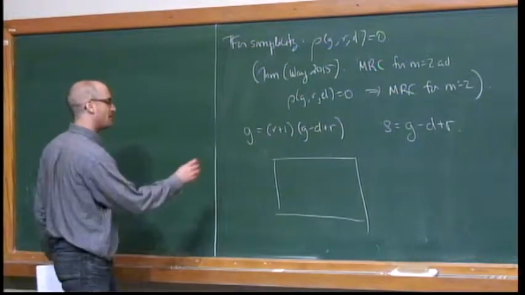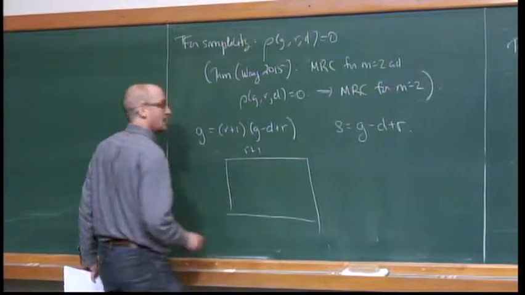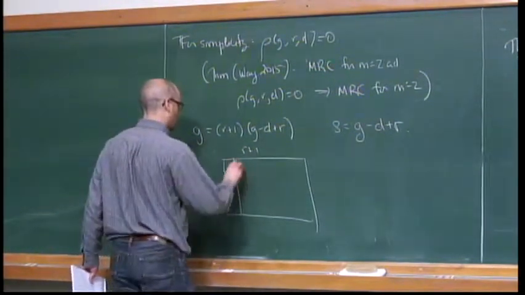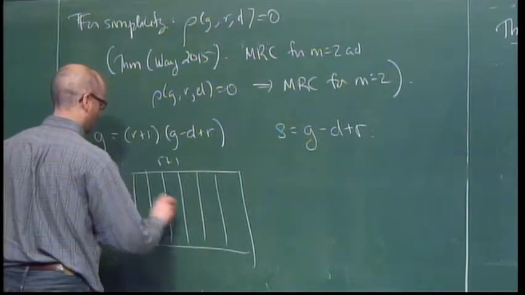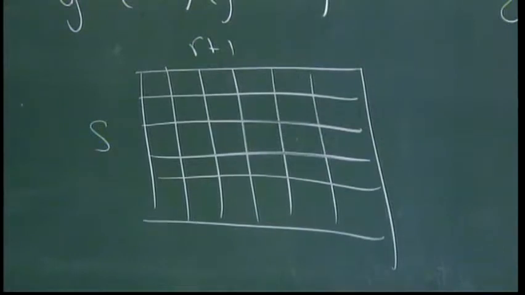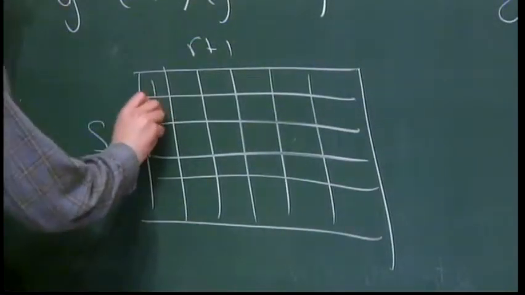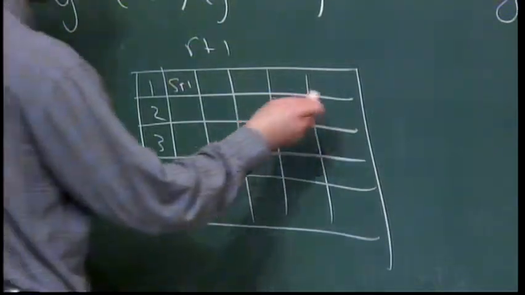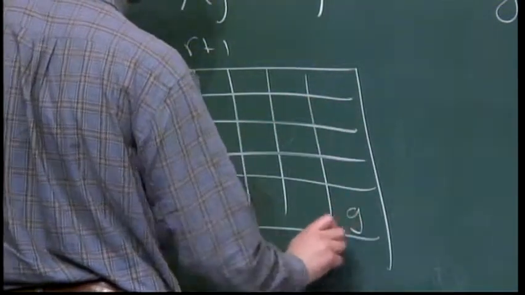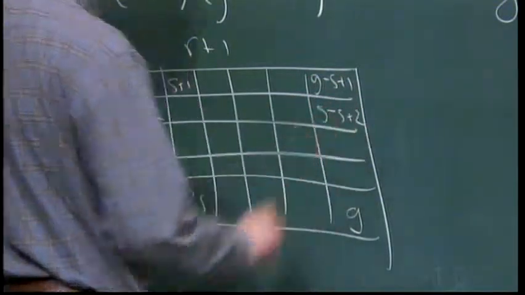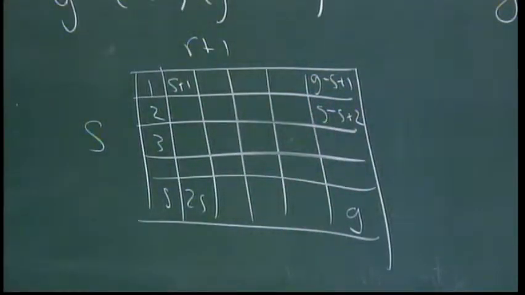Yep, and so now we're going to make a tableau. It's going to have r plus 1 columns and s rows. There are a few canonical choices that one could make, and the choice that we make is 1, 2, 3, ..., s, s plus 1, ..., 2s, and so on. So here we have g, and g minus s plus 1, g minus s plus 2. Okay, so that's the tableau that we're going to use.